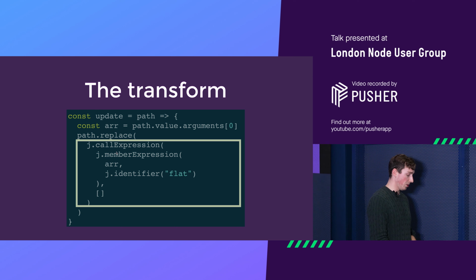So here you see we're making a new call expression, which includes a member expression with the array, and then we have the method name, which is flat. So by running this transform, we would find all of the cases where we were calling flatten and then convert it into a method call of the array that flatten was called with.